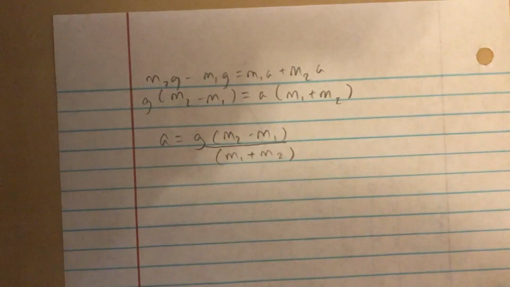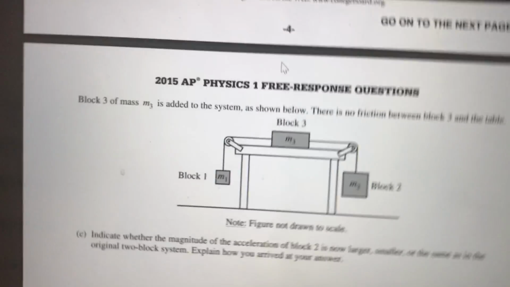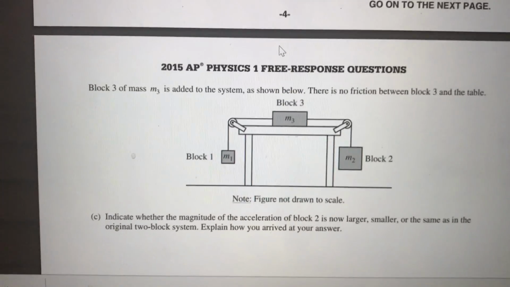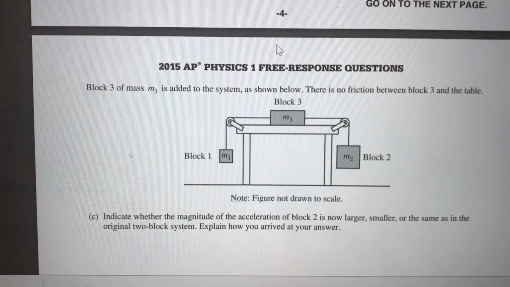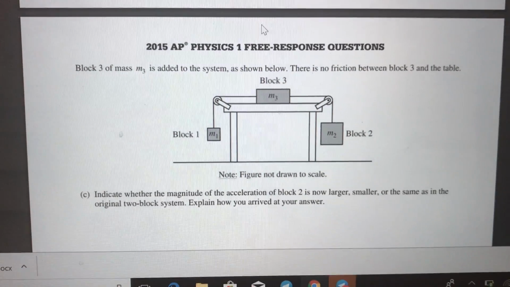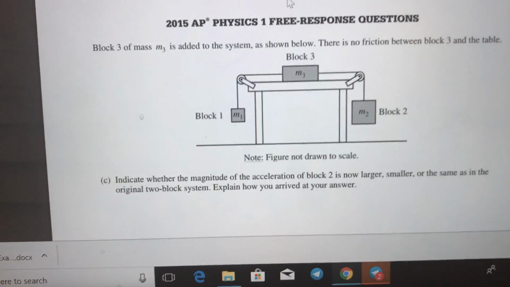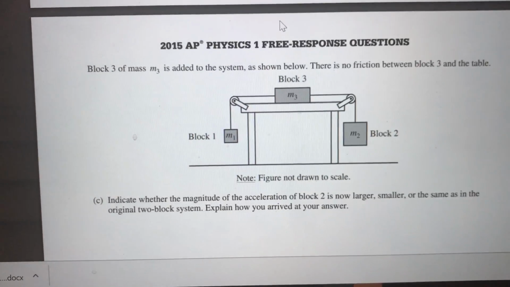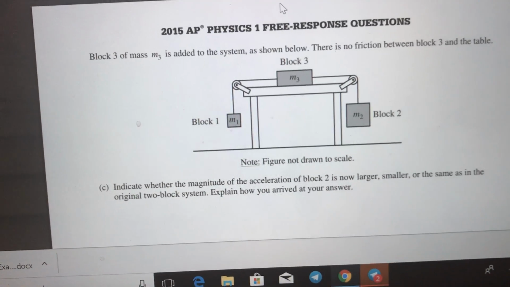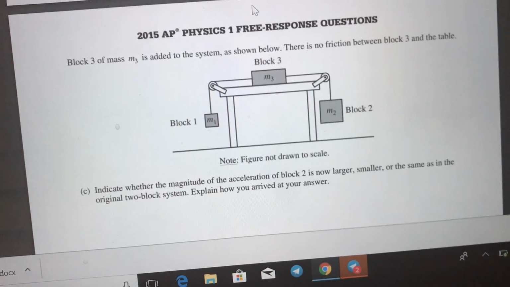Okay, let's move on to part C. Part C. Now a block 3 of mass m3 is added to the system as shown below. There is no friction between block 3 and the table. Indicate whether the magnitude of the acceleration of block 2 is now larger, smaller, or the same as in the original 2-block system. Explain how you arrived at your answer.